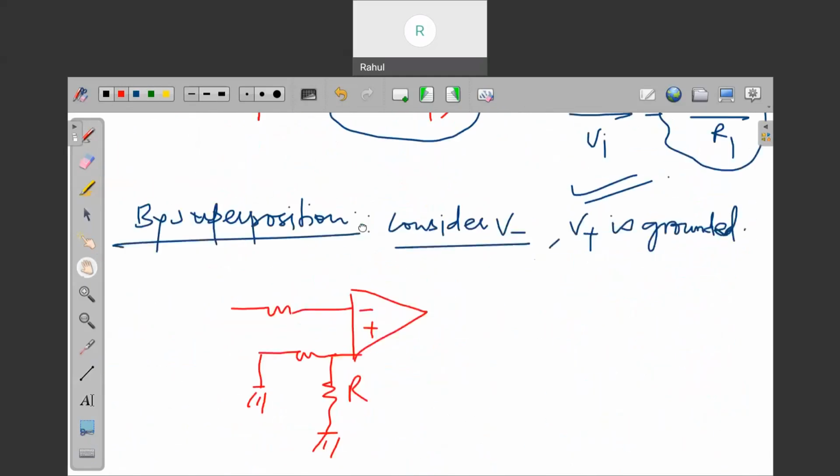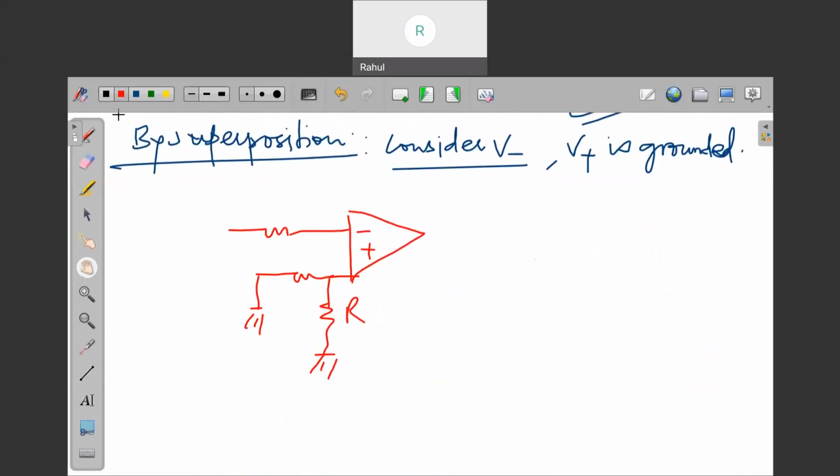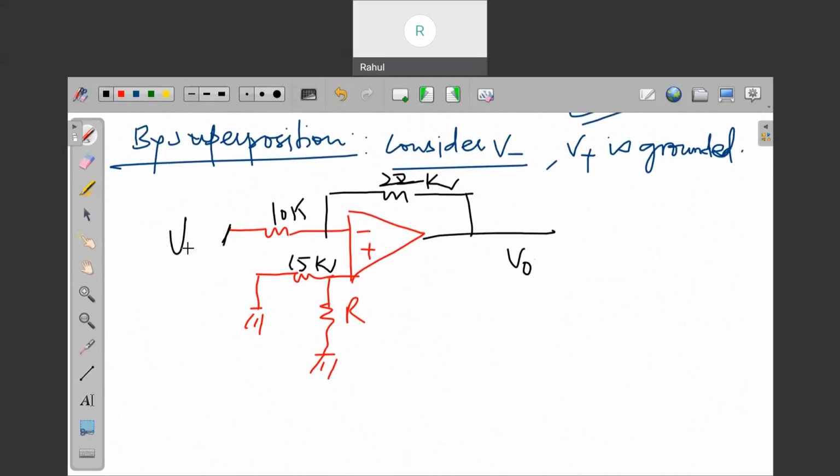This is 15K, this is 10K, and this is 22K, with V naught at the output.